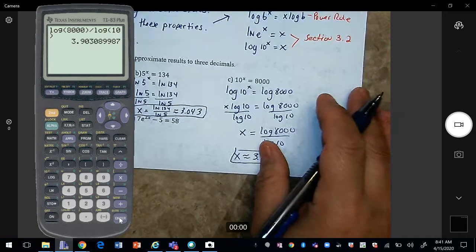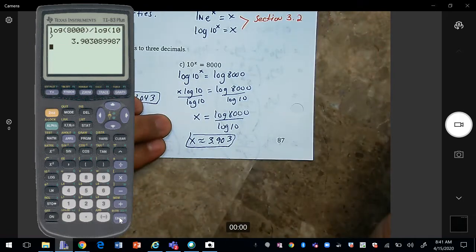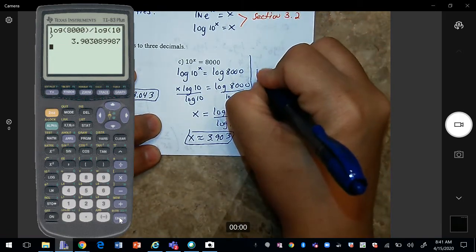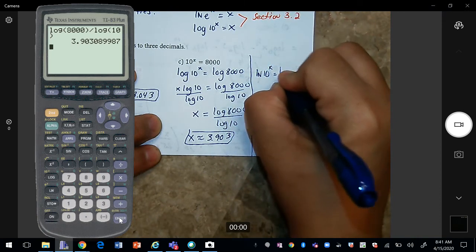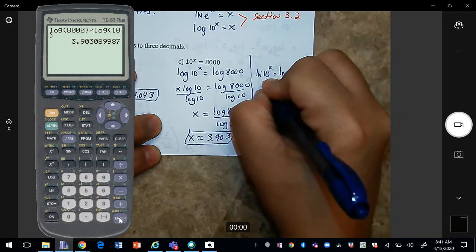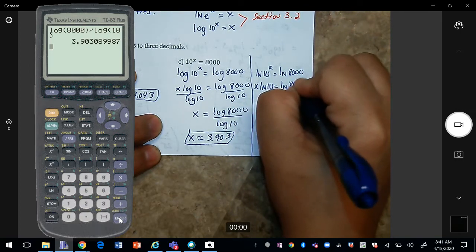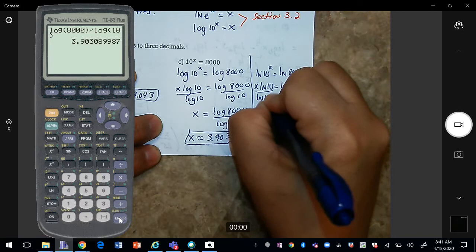And if you use natural log, you would still get the same answer. Natural log of 10 to the x is equal to natural log of 8,000. Bring the x to the front. Divide by natural log of 10.